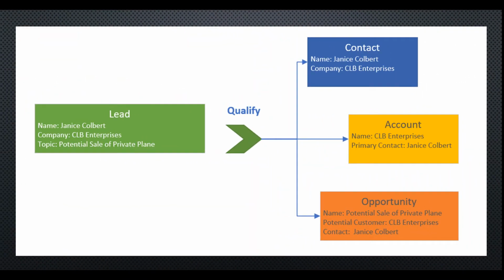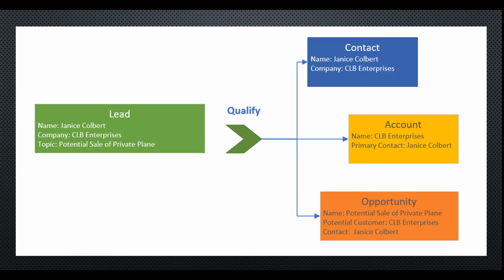As we mention in the book, it's very important to understand what happens during lead qualification. As you can see here in our illustration, on the lead entity, there are three key fields: the name field, the company, and the topic. The name is the first and last name of the person that you're speaking with respect to the lead. The company is the company that they presumably work for.